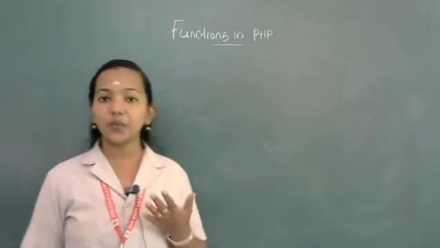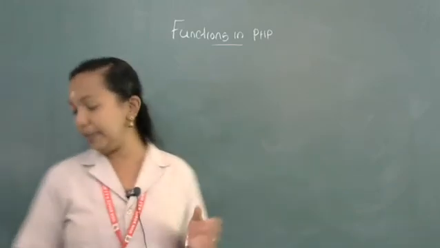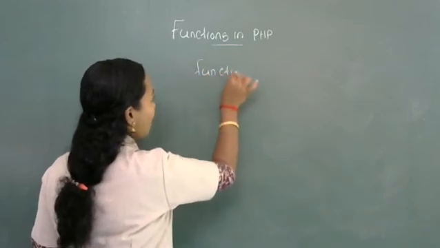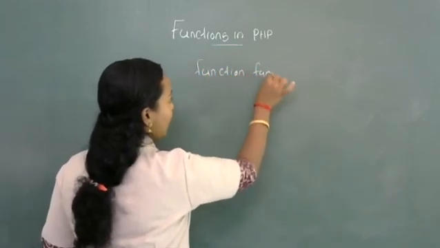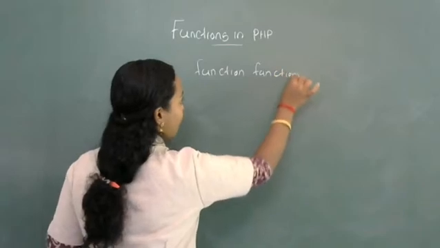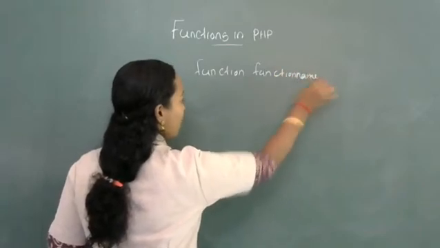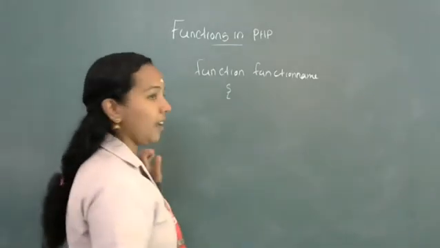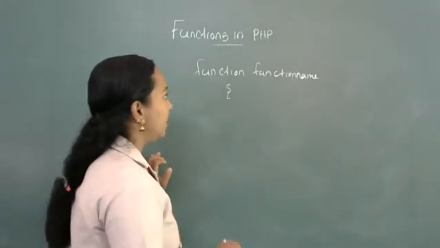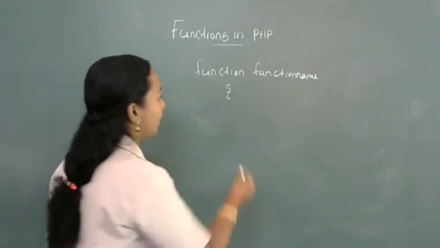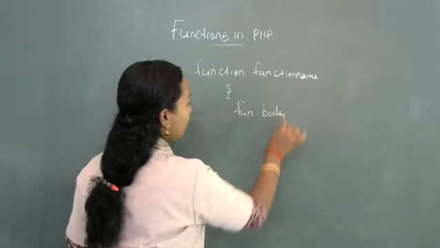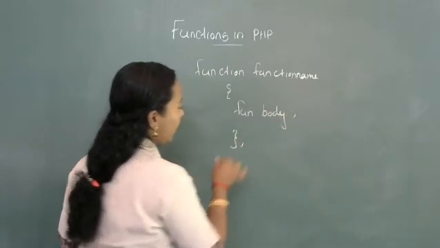So the syntax for creating a PHP function will be like this: function, function name, open the bracket, then inside that we can include the function body, then after that close the bracket.